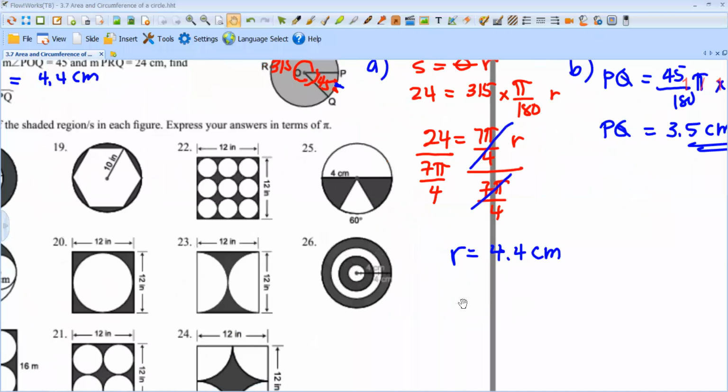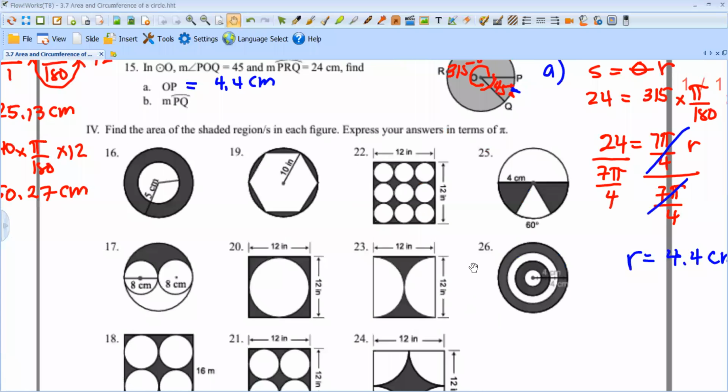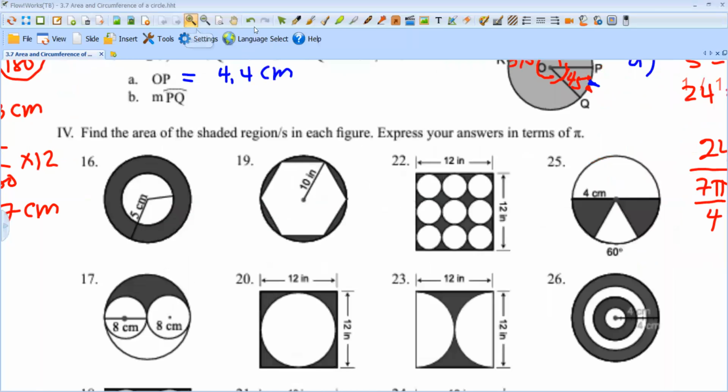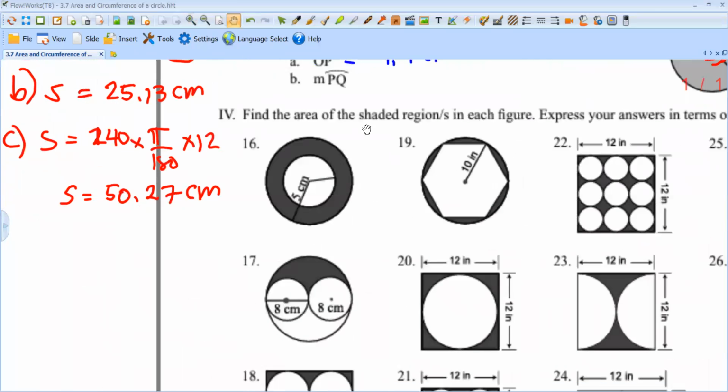So let's go to number 16. Find the area of the shaded region in each figure. Express your answers in terms of pi. So let's start getting the area of the shaded. Number 16.